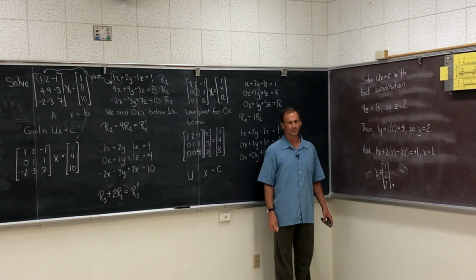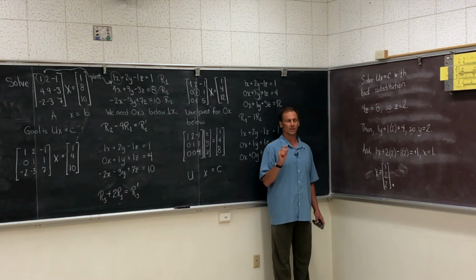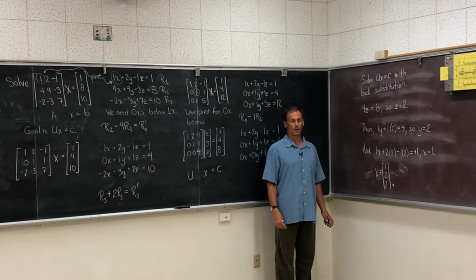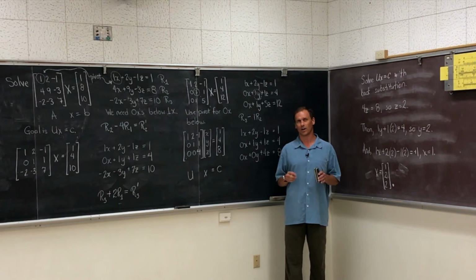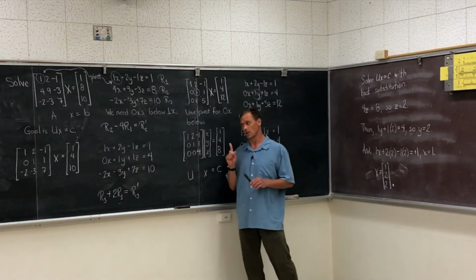Now, at this point, I need to show you two simple examples that will come up, and we need to be aware of how the math expresses these oddities. So we're going to come over here.